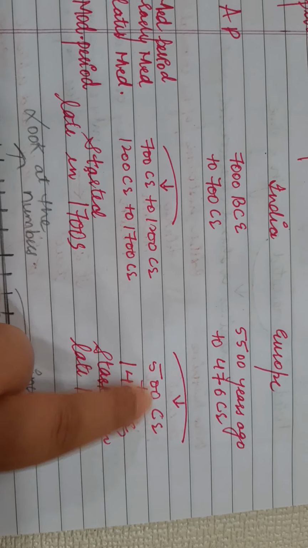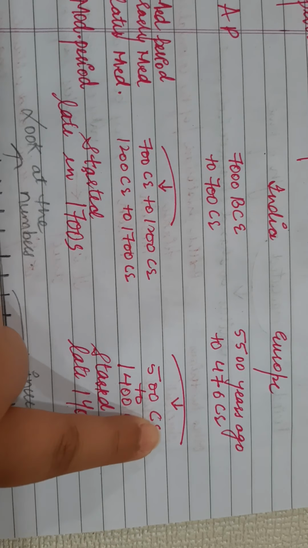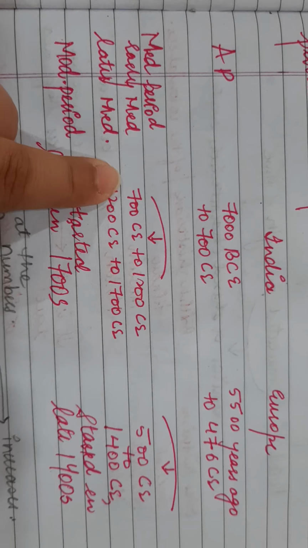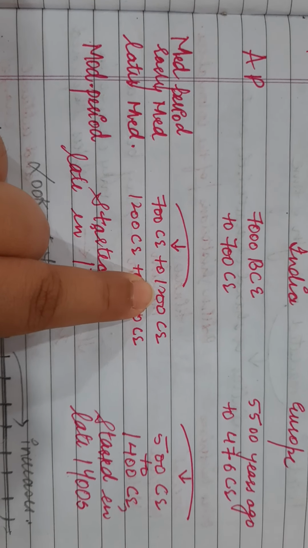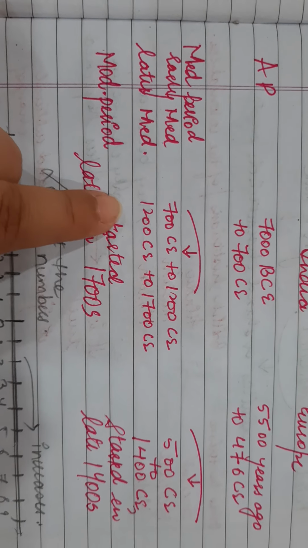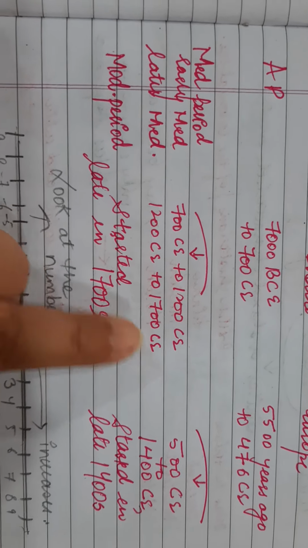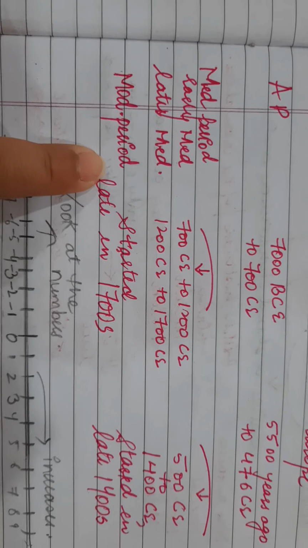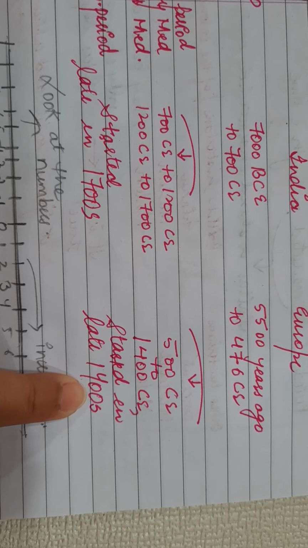For Europe, it's simple, 500 to 1400 CE. That's how they are considering it. Here in India, 700 CE to 1200 CE and 1200 CE to 1700 CE. Here the modern period starts in the late 1700s and here it starts in the 1400s.